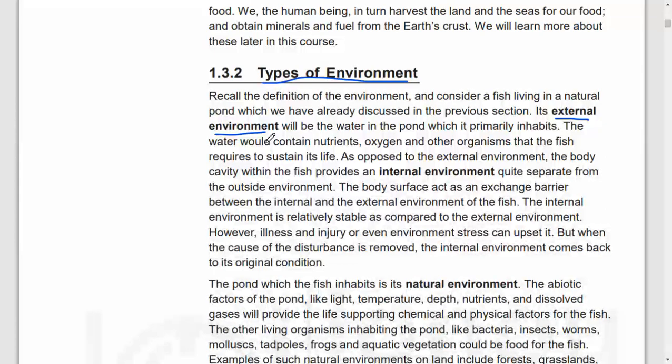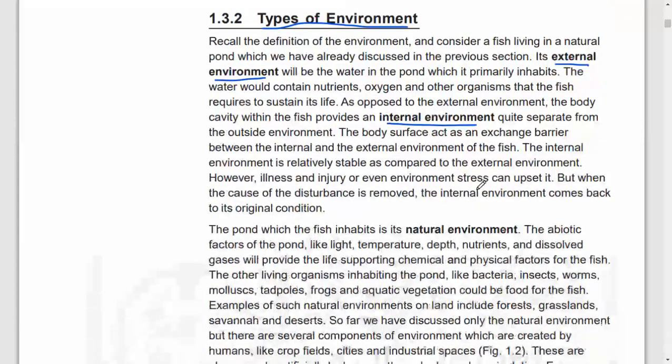The water would contain nutrients, oxygen and other organisms that the fish requires to sustain its life. As opposed to the external environment, the body cavity within the fish provides an internal environment quite separate from the outside environment. The body surface acts as an exchange barrier between the internal and the external environment of the fish.